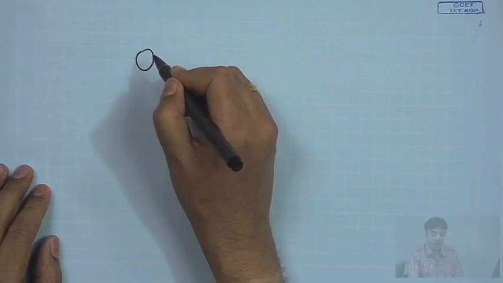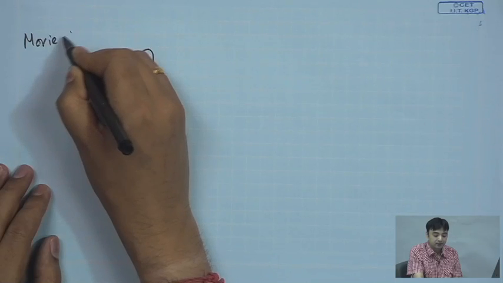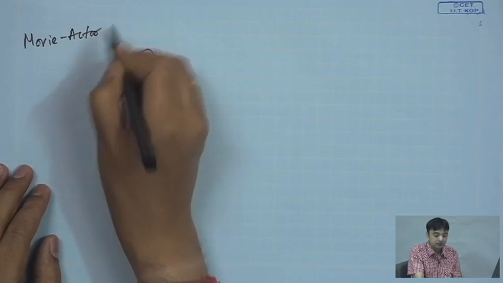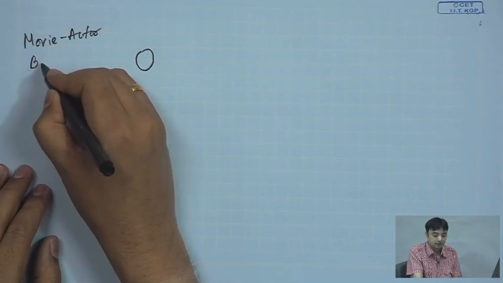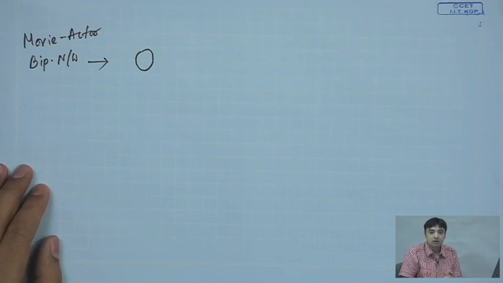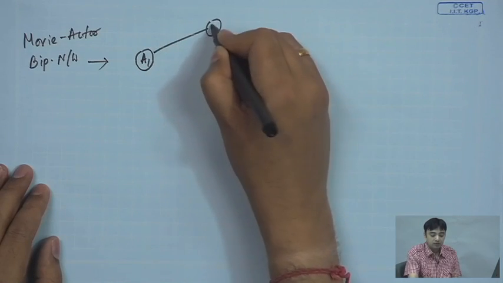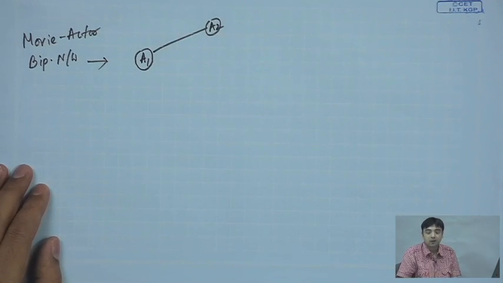From the movie actor bipartite network, you construct a one mode projection, say on the actor nodes, as follows. Suppose there are two actors A1 and A2.